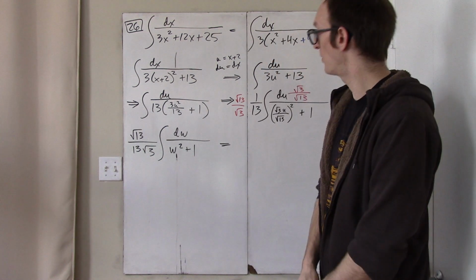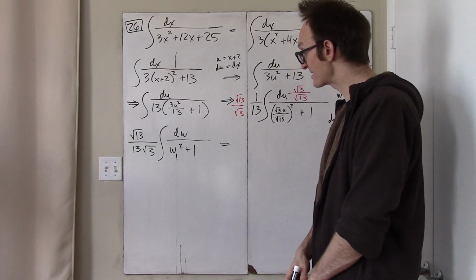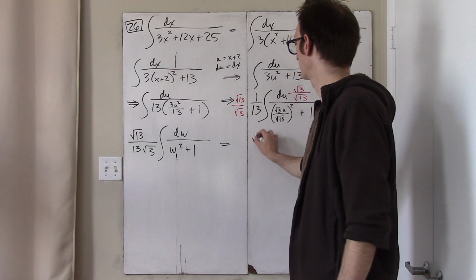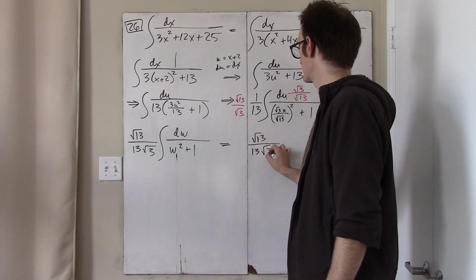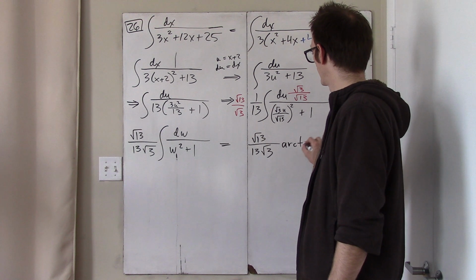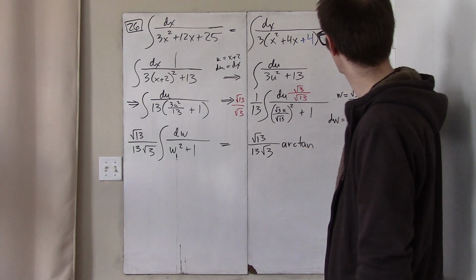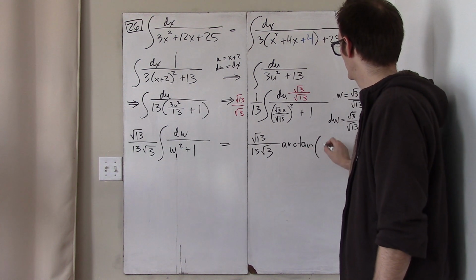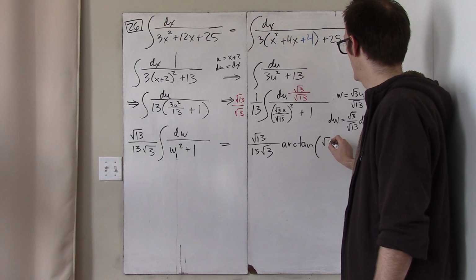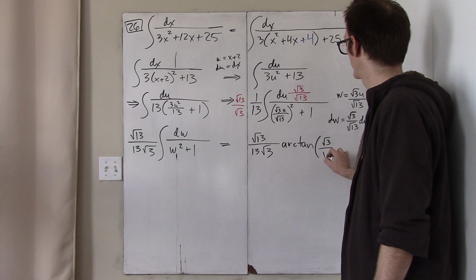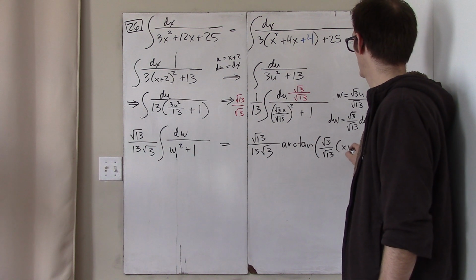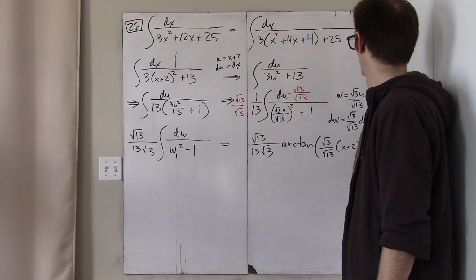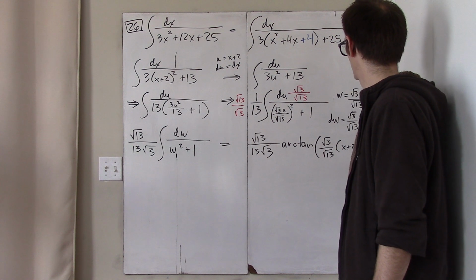And so, what do I get? I get root 13 over 13 root 3 arctan w. And w is really that, so that's really root 3 over root 13 x plus 2, that's it, plus C.